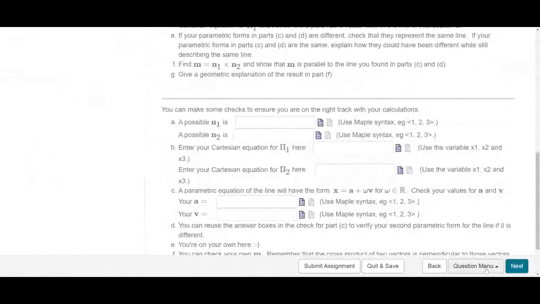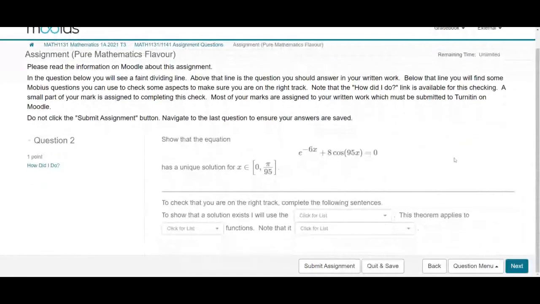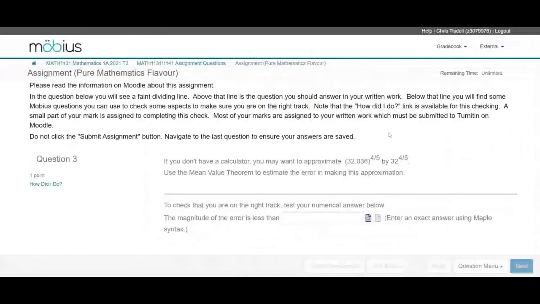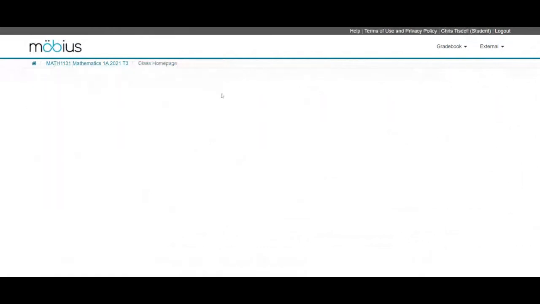Okay, there's that one. That looks like a vector question. And there's that one. Okay, so let's go back and see if we can jump into another one. Theo, is there any one you want me to look at in particular? Let me know in the chat.